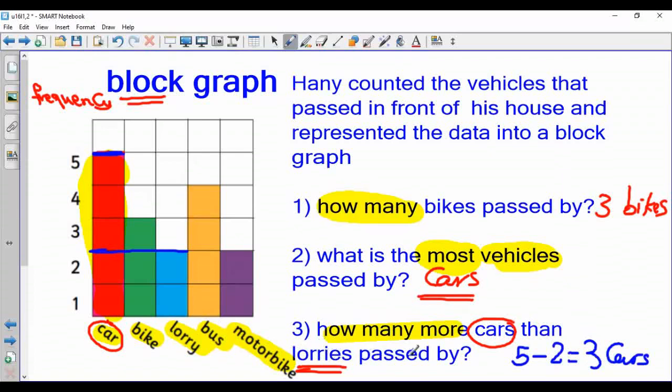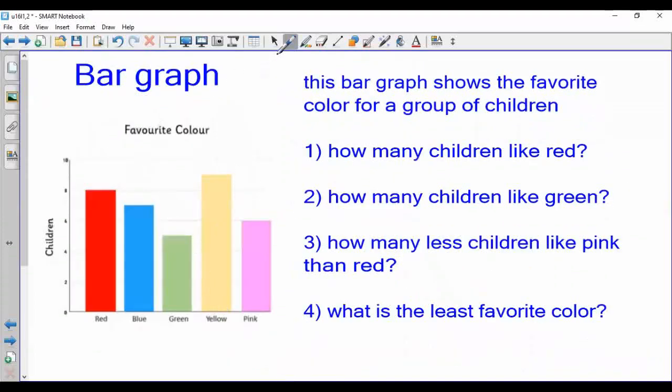Okay, this was the block graph. Basically, it has frequency on the vertical line, data on the horizontal line, and we represent data using blocks on top of each other. The number of blocks is the frequency of this data. Now I have a bar graph.